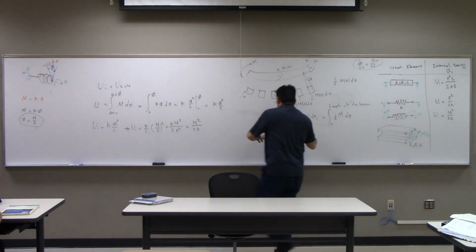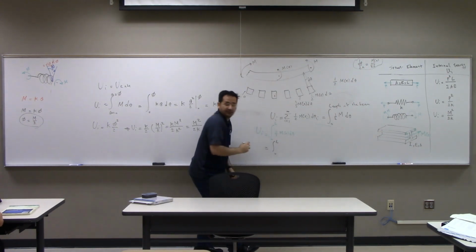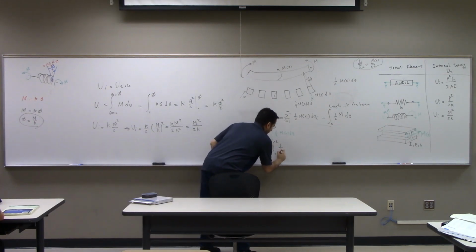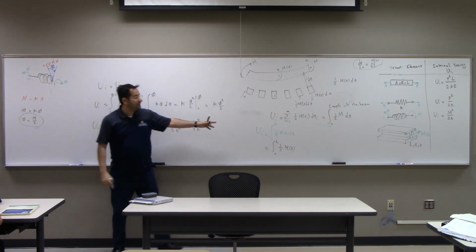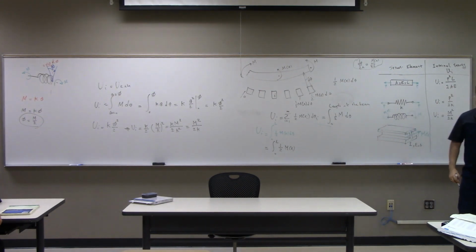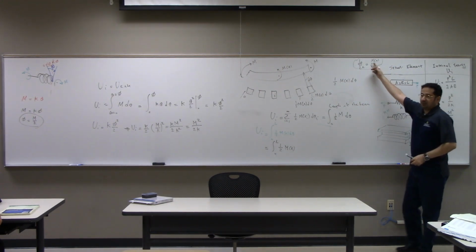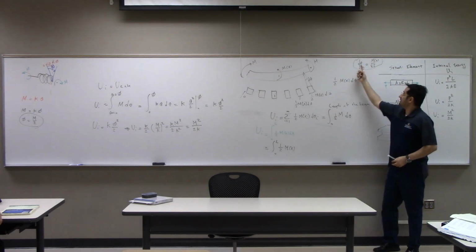So instead of d theta, I replace it using this equation. What I get is that the internal energy becomes the integral from 0 to L. I already have a half here, M of x. Now instead of d theta, what should I put from this relation? You see how I'm replacing d theta from this relation.